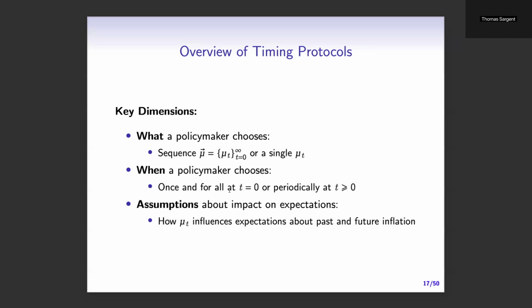Does it do it once and for all at time t, or does it do it periodically or at various particular times? And then we're going to talk about assumptions about expectations, how mu-t influences expectations about past and future inflation. Remember, the whole source of subtlety in Calvo's model is that mu-t influences past inflations.